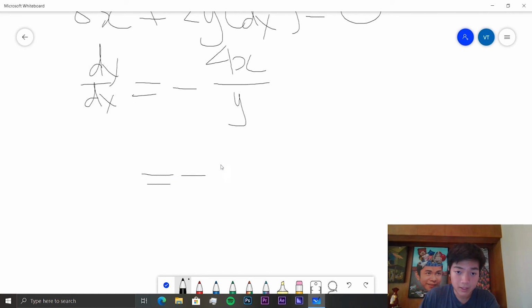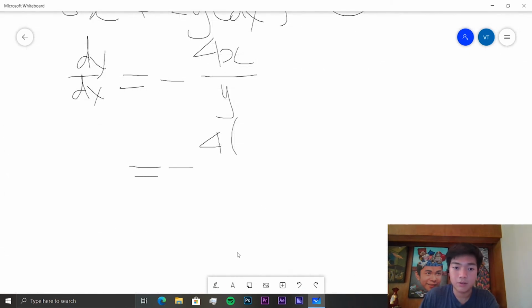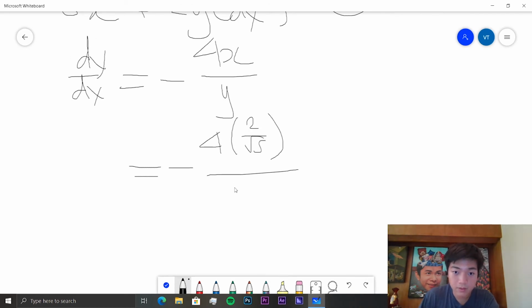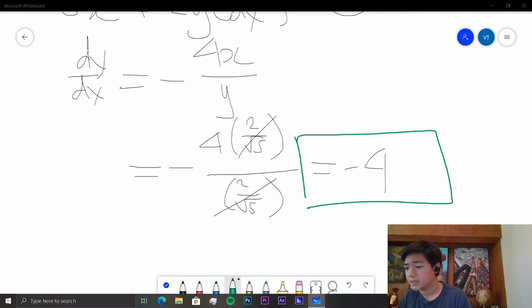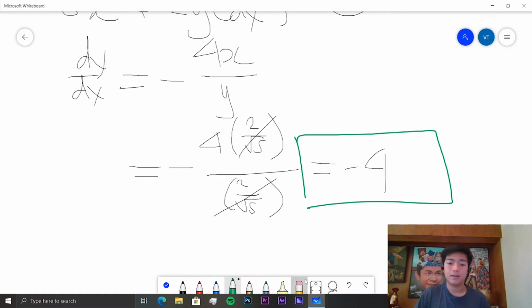So this is equal to negative 4 times 2 over square root 5 over 2 over square root 5. Since these two are equal, these two cancel out, so the gradient should basically be equal to negative 4. Is that correct? Yeah. Okay.